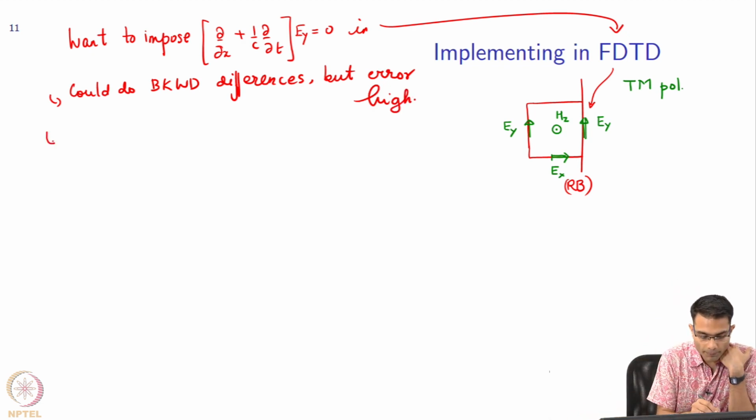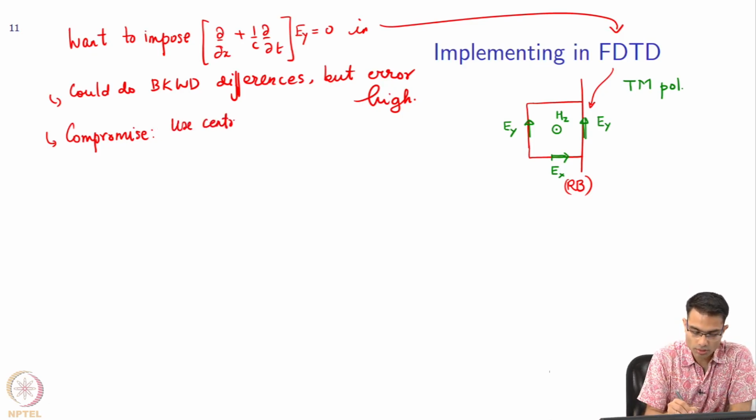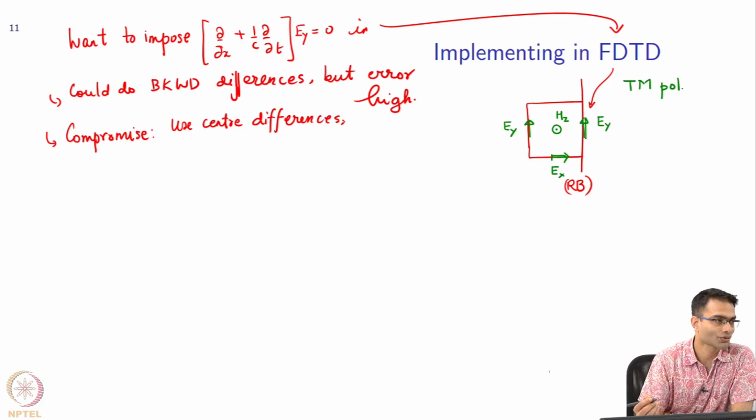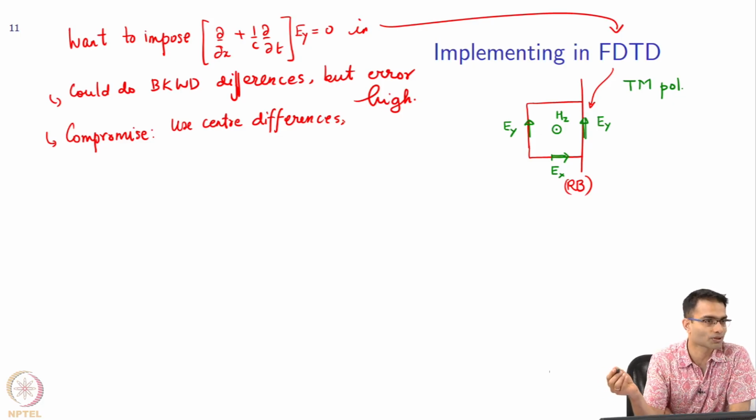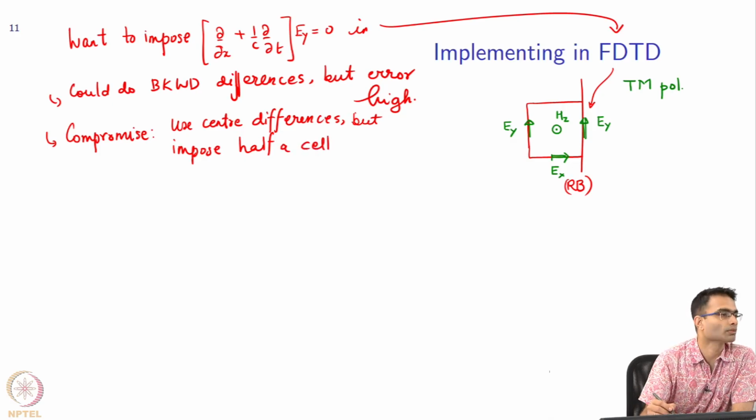So, the compromise that we do is this: use center differences, but I can't do center differences on the boundary, because there is no variable stored to the right of this boundary. So, I use center differences, but impose this half a cell inside the boundary.